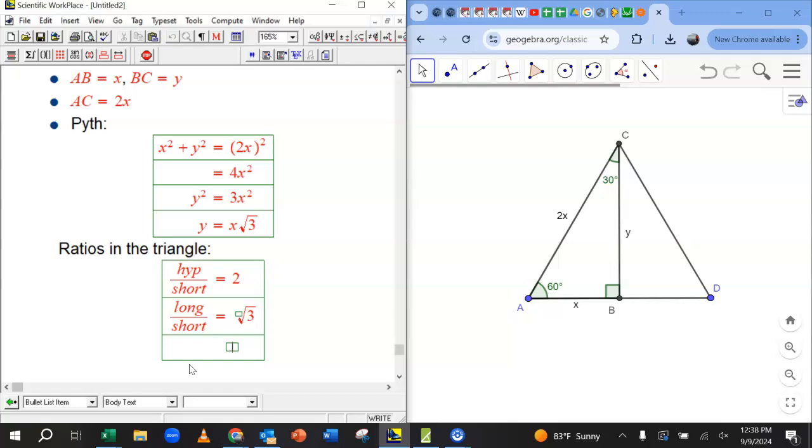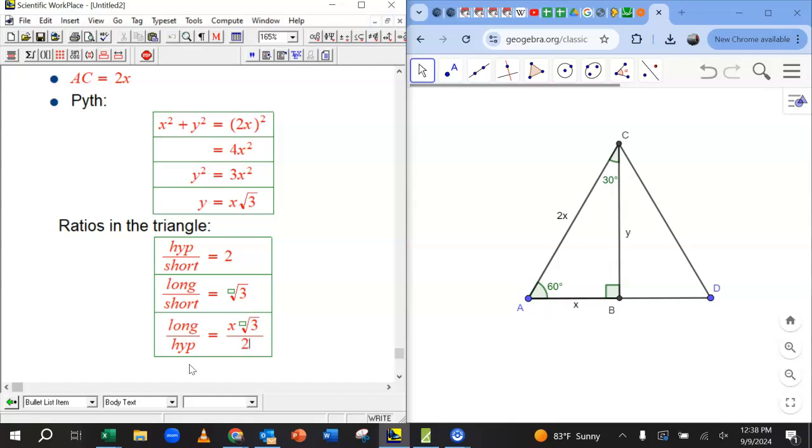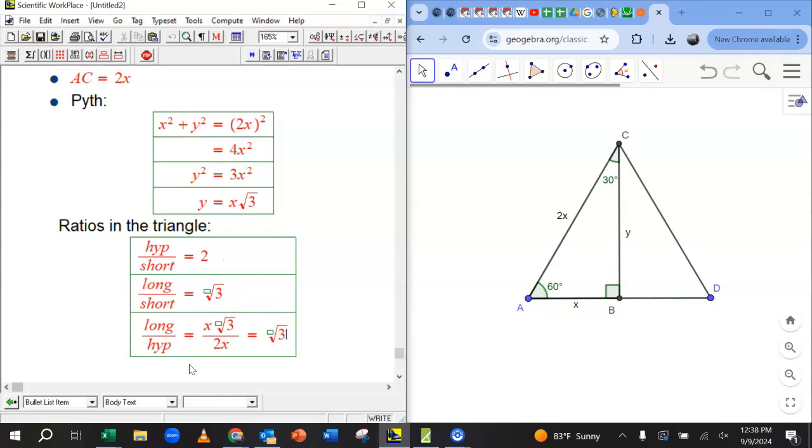We want the long leg. There's a bunch of ratios we can do. There's 6, in fact. The long leg over the hypotenuse, let's see, let's calculate that. That's X root 3, whatever X is, over 2X. The X's cancel, and we get that's root 3 over 2. So we're going to come back to this in the very next section. We're going to call this simple cases of doing trigonometry, where we very much focus on the ratios here.